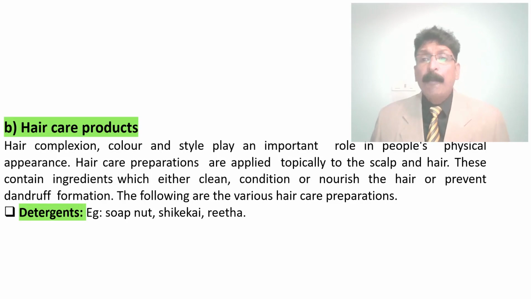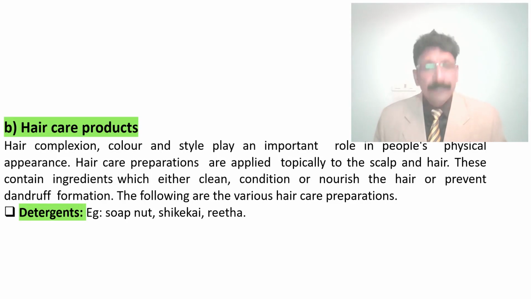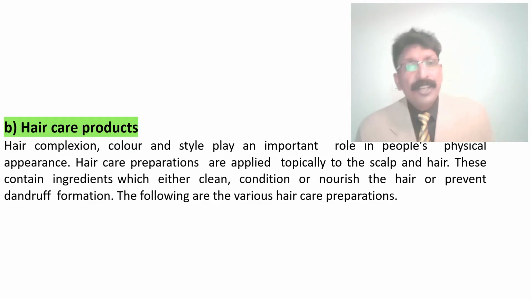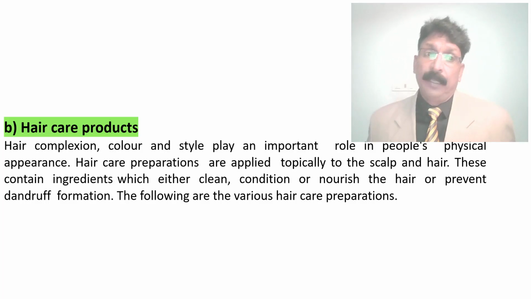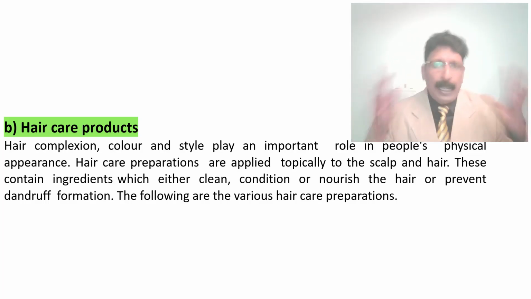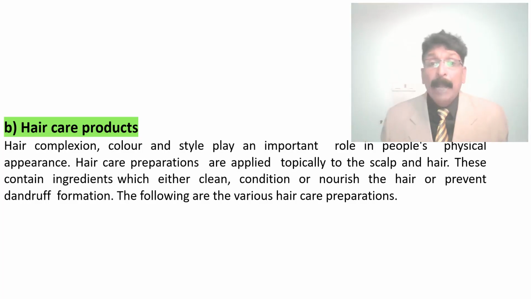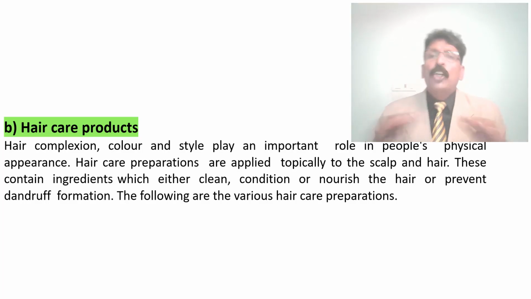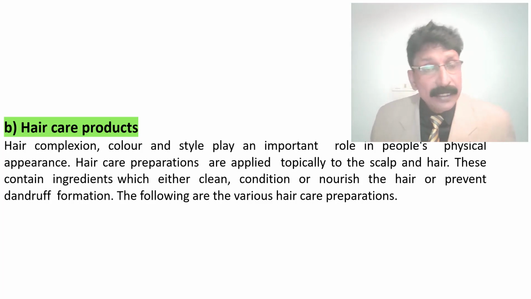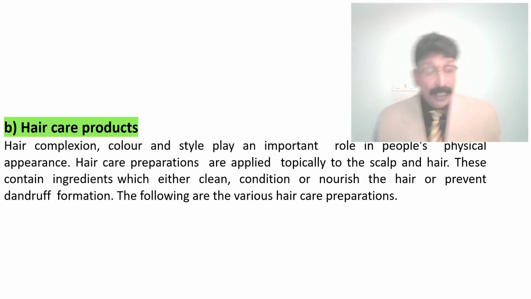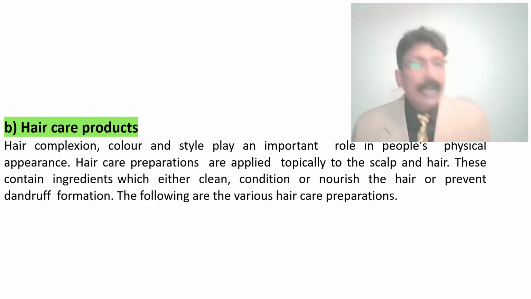Hair care products, the second category. Hair complexion, color, and style play an important role in people's physical appearance. Very important. How does the hair look, what's the color, how it appears. So hair care preparations are applied topically to the scalp and the hair. These contain ingredients which either clean, condition or nourish the hair or prevent dandruff formation.